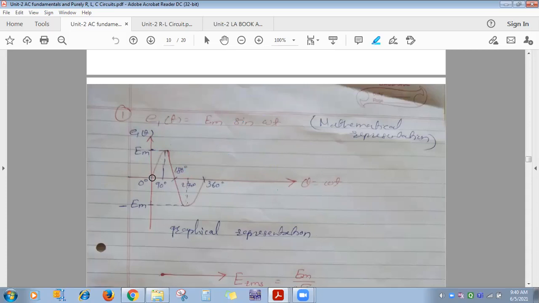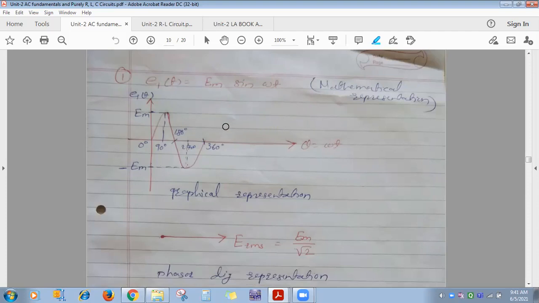Now, this induced EMF, Em sin of omega t or Im sin of omega t, voltage or current, whatever you say, its magnitude is changing continuously with respect to time. Its direction is also changing continuously with respect to time. That's why you can represent it in the form of a phasor diagram, when you plot it in the S plane.